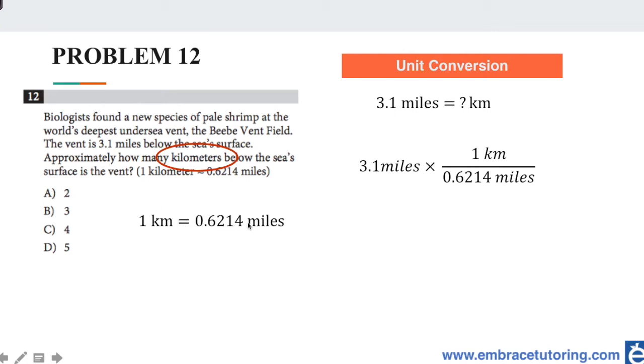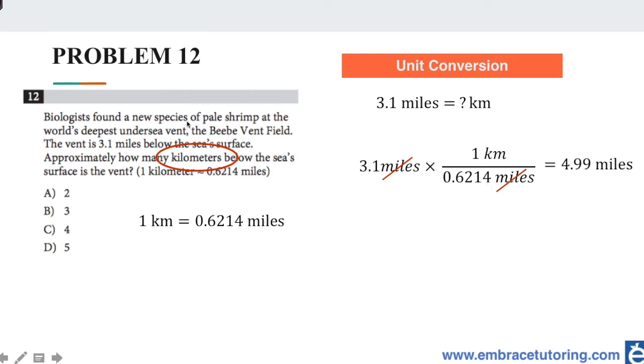So the question is, which of these goes on the bottom when I'm converting to kilometers? What you want is what you want on the top, inside your numerator, and the miles will cancel. That's the point of setting it up this way in terms of general unit conversion. 3.1 times 1 divided by 0.6214 is going to give me 4.99.